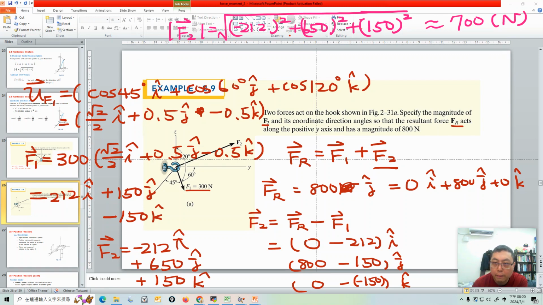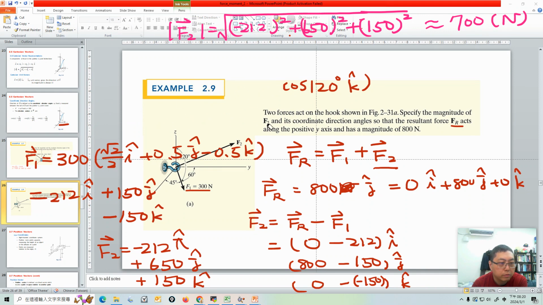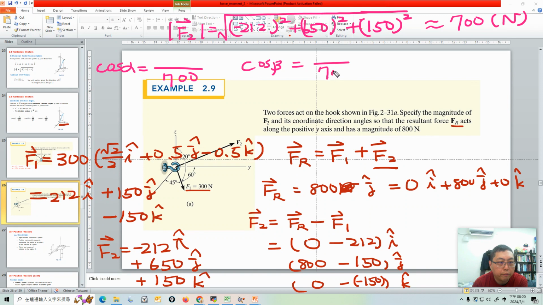Cosine alpha is the component divided by the magnitude, cosine beta is the component divided by the magnitude, and cosine gamma is the component divided by the magnitude. The components of the F2 force vector are minus 212, 650, and 150. Use your engineering calculator and you will get alpha, beta, and gamma.